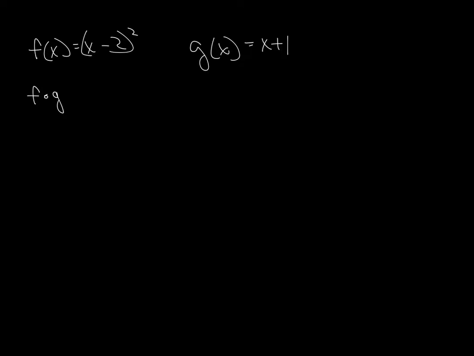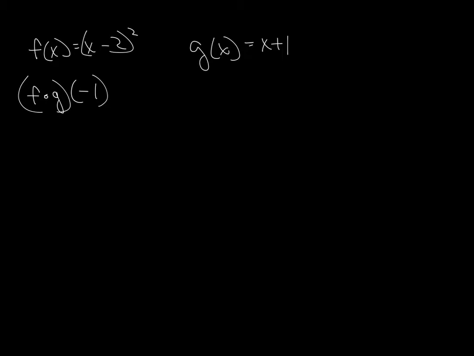So just for some more practice on this composition, we're going to look in the problem set for 8.5 and do number 34, where it says f of x equals x minus 2 the quantity squared, and g of x equals x plus 1. Okay, so the first thing they want us to do is find that.